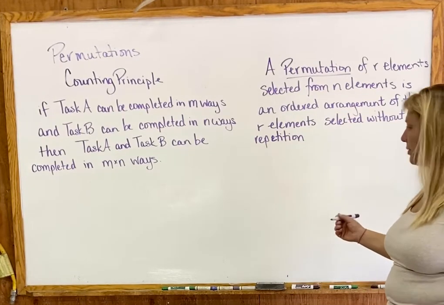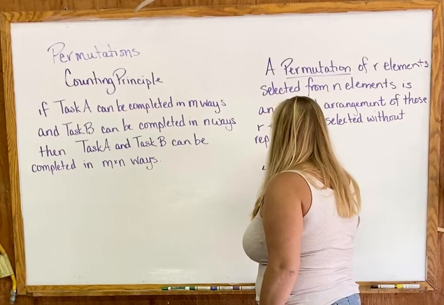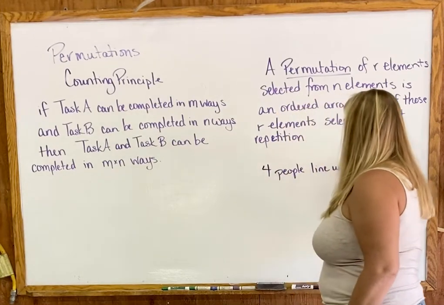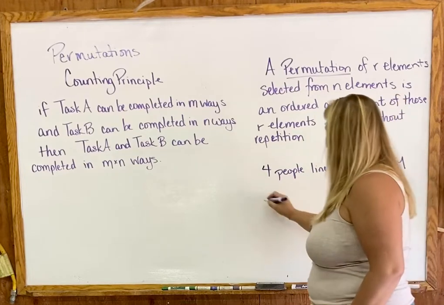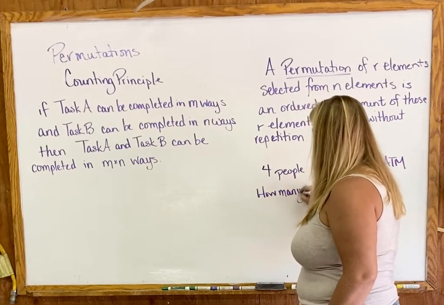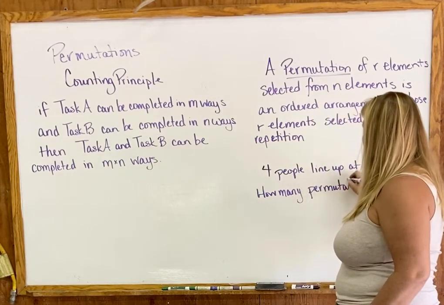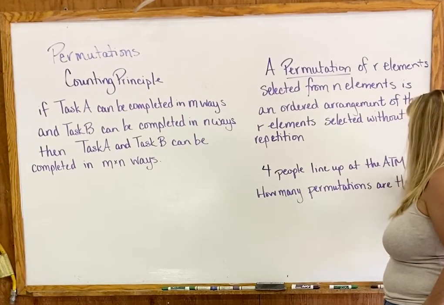So a good example is 4 people line up at the ATM. How many permutations, using our proper word there, are there?